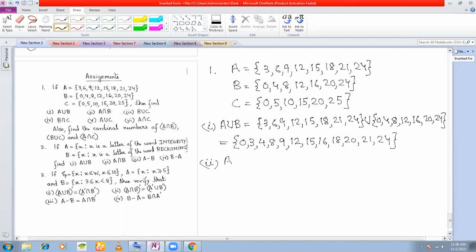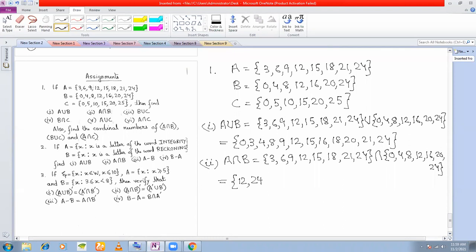A intersection B. Okay, write down the common elements between A and B. So if you see what are the common elements between these two, 12 is a common element, 24 is a common element.